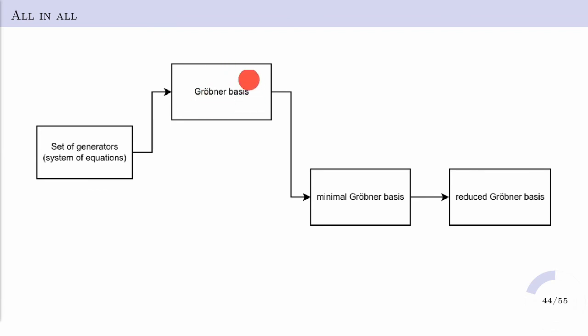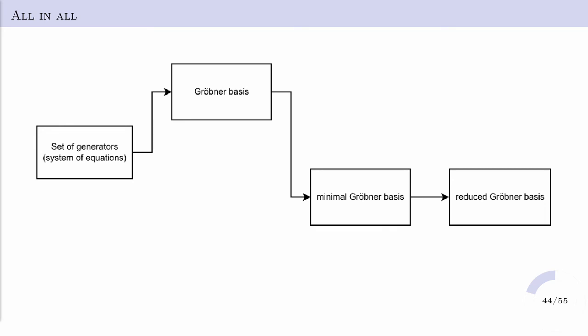This will possibly be quite a large system of polynomial equations, but it will already be a Grobner basis. Then we cross out, we remove the polynomials which are not needed, which do not contribute to the solution, which are dependent on the other polynomials. And then finally we reduce this minimal Grobner basis to get a nice one, which is a reduced Grobner basis.